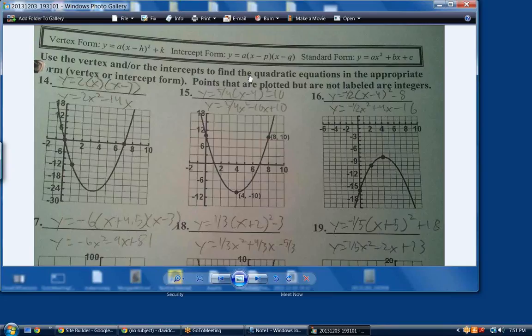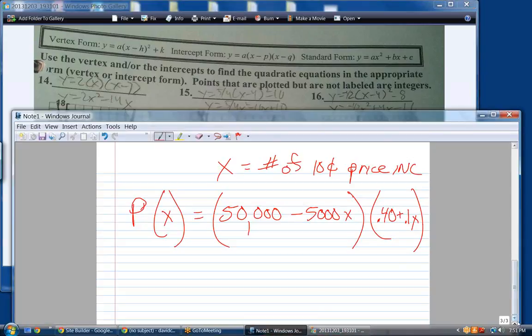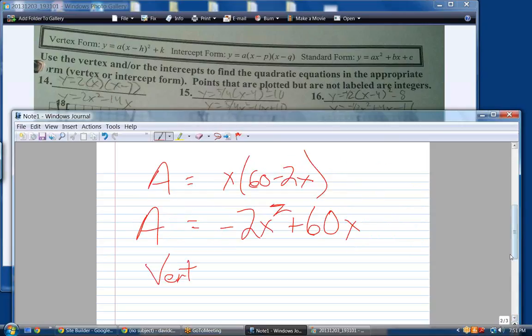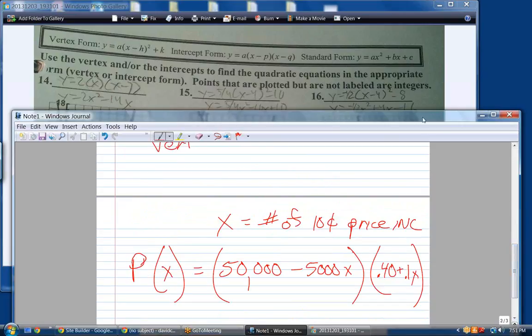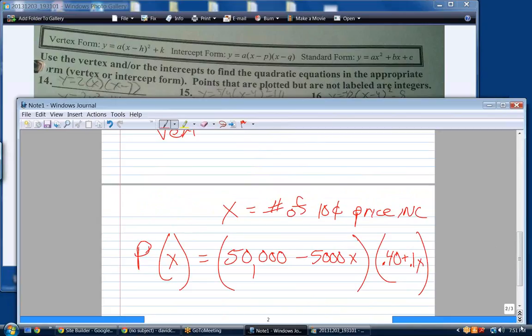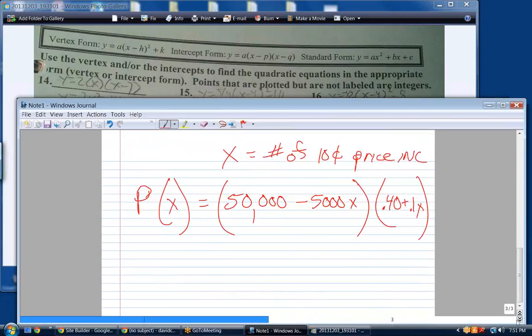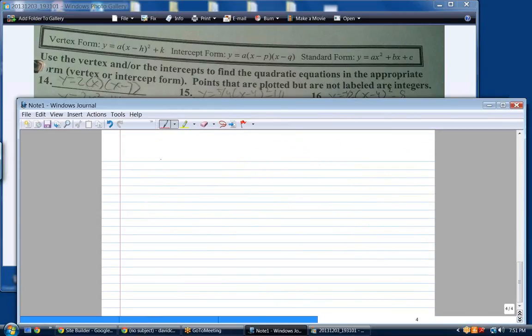So, here, let's go through this. Because these are all the same, you solve for a.